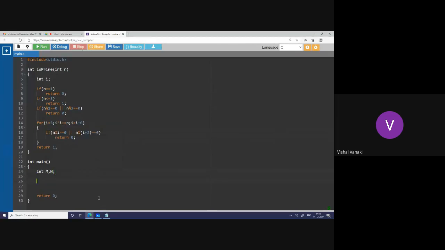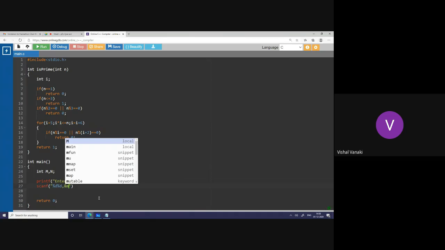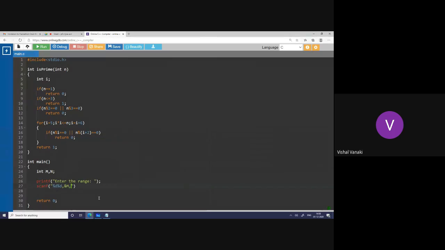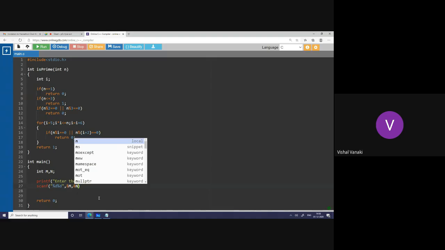So printf "enter the range", semicolon. Then scanf, %d, %d, comma, ampersand m, comma, ampersand n.